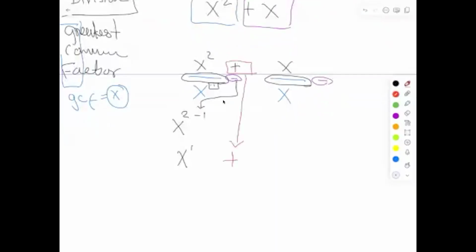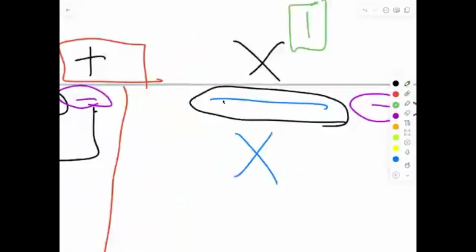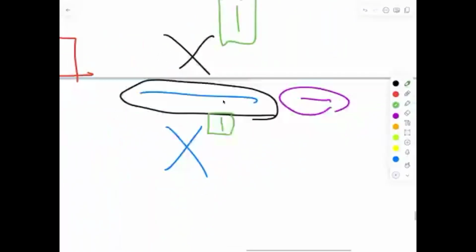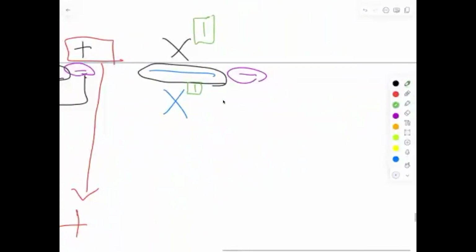So now, let's look at the tricky one. x divided by x. So now, I'm going to make this a little complicated because I need you to understand the math. Is there a 1 here? Yes. Yep. Is there a 1 here? Yes. And there's a subtraction sign, right?